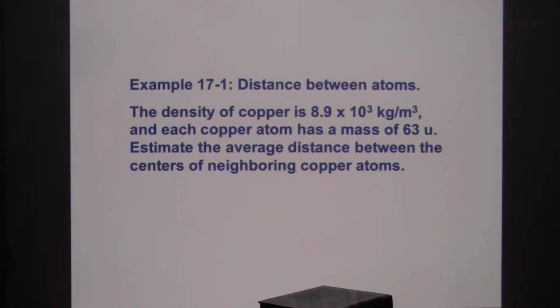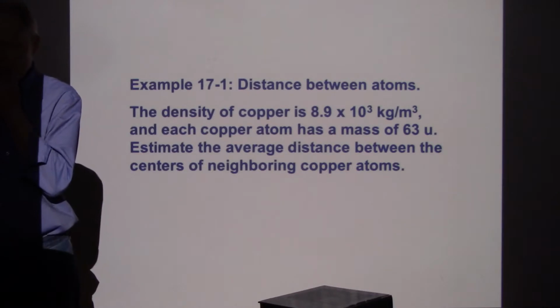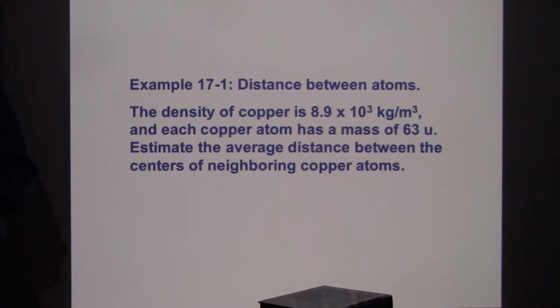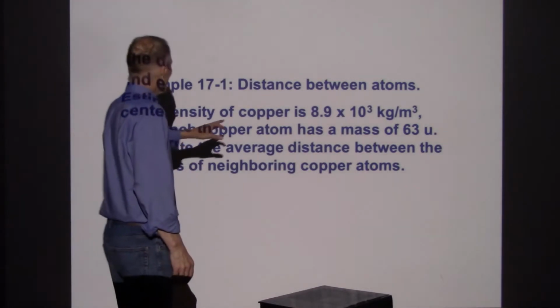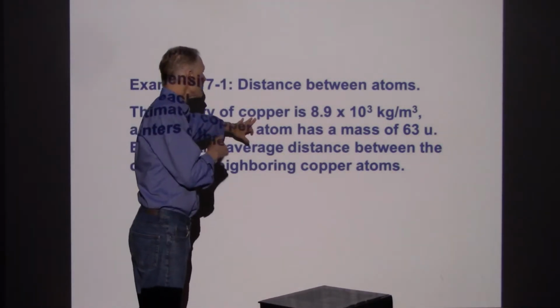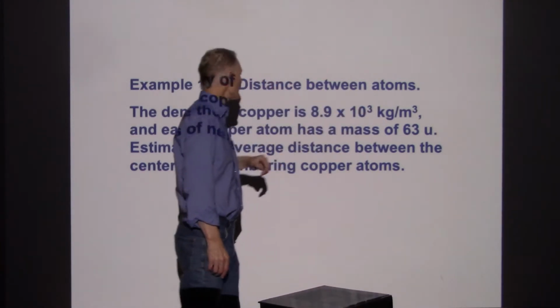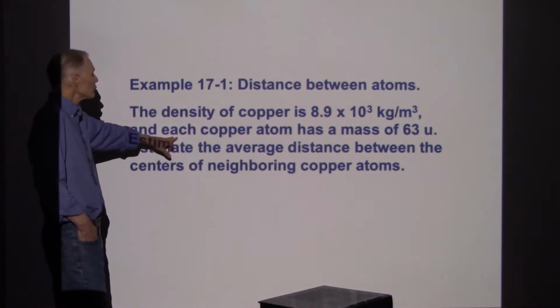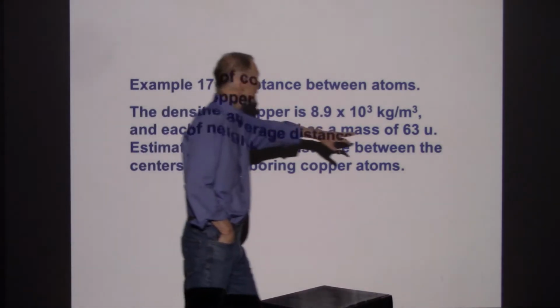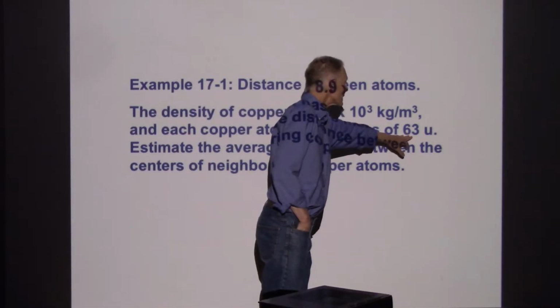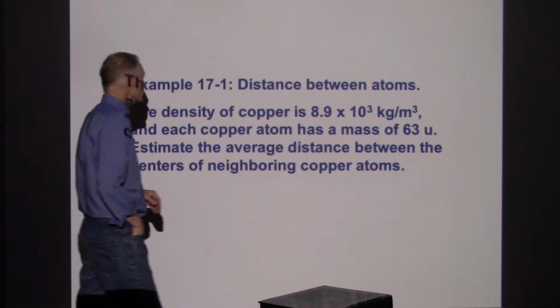Here's a good example to start off with. What we're going to be looking at is a piece of a solid, copper in this case. We're going to say copper has a measured density of 8.9 times 10 to the 3 kilograms per meter cubed, and each copper atom individually has a mass of roughly 63 atomic mass units.